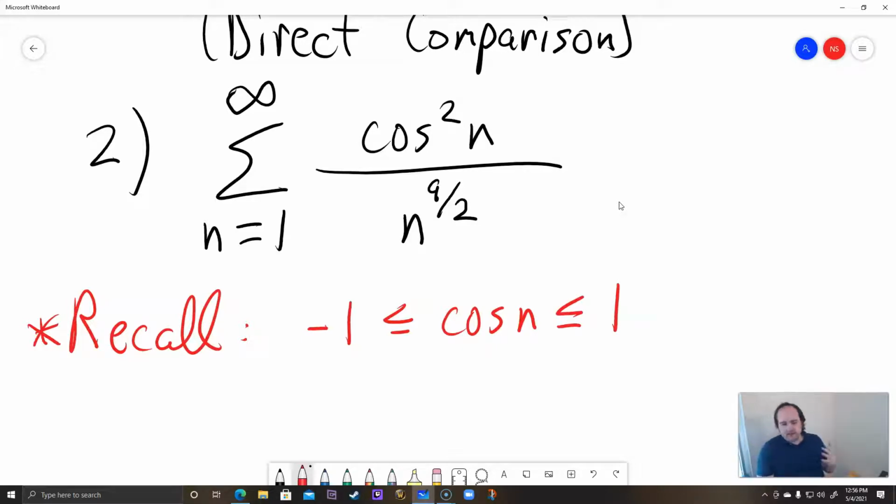And even though our letter is n, it's just like cosine of x. It's just that n is a natural number. Okay, but cosine is still between -1 and +1.